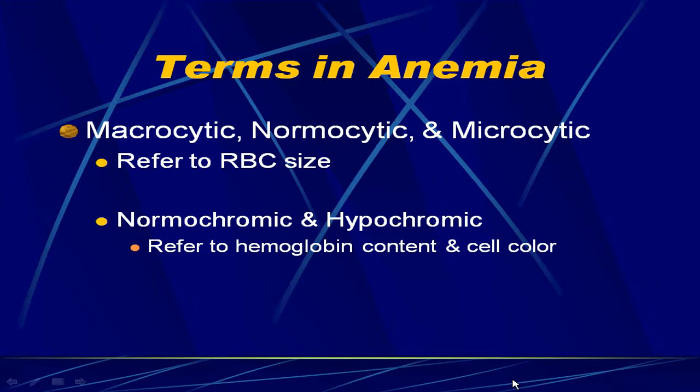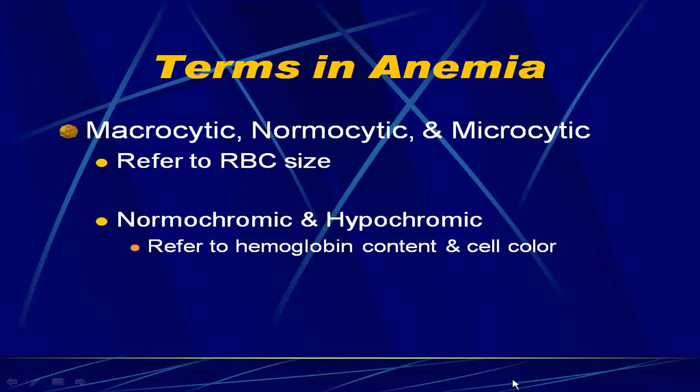There is a chart on page 686 that talks about the relationship of the morphologic classification and etiologies of anemia. Make sure you look at that, and also look at the clinical manifestations of anemia. This is also a chart on page 686.